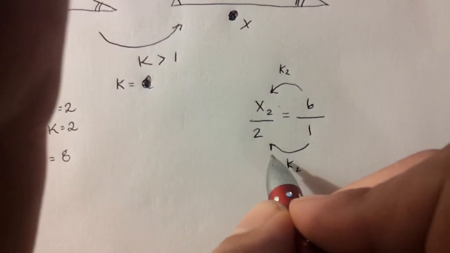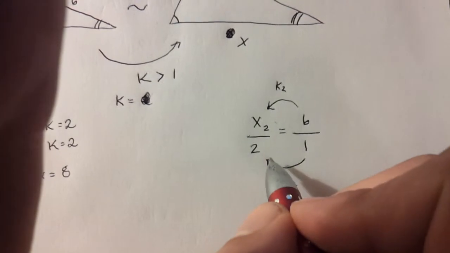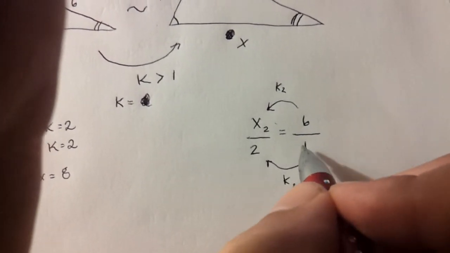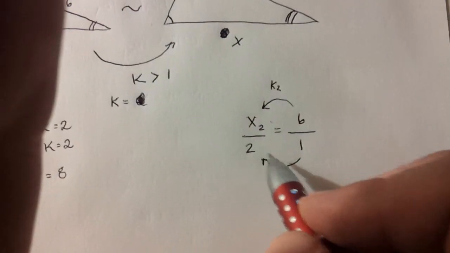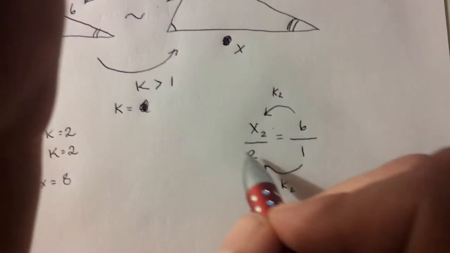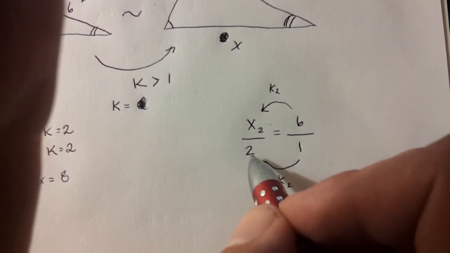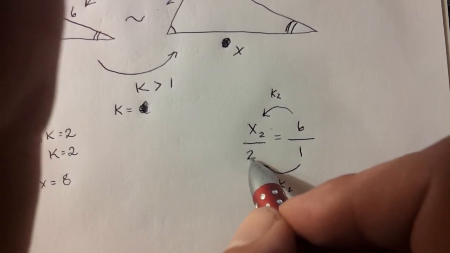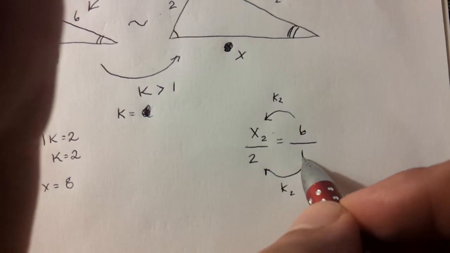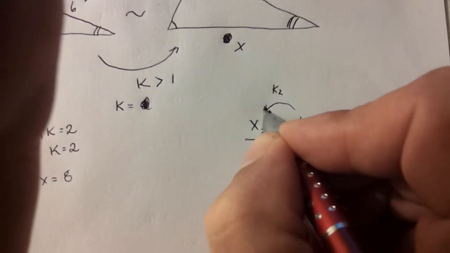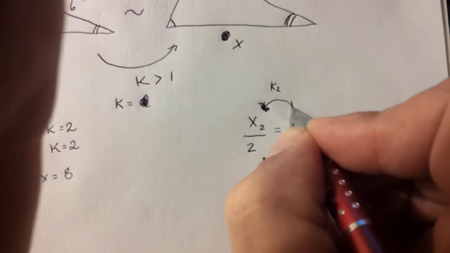Okay, here's where it goes wrong. Take a look. When we do these proportions, we're thinking about going left to right, because I put the big one on the left and the small one on the right. So the direction is not going that way. We're going to go this way.